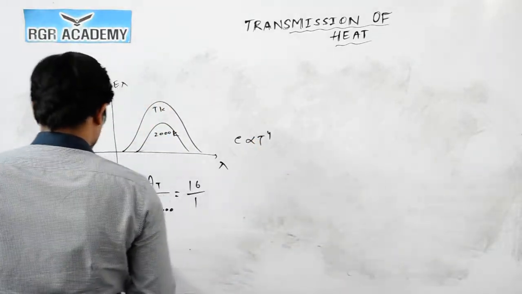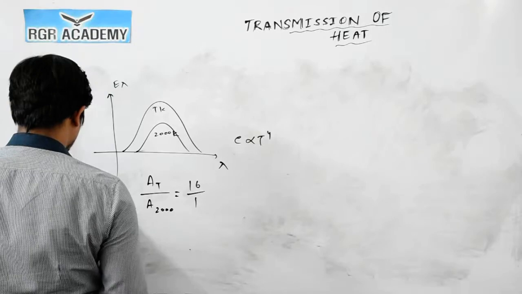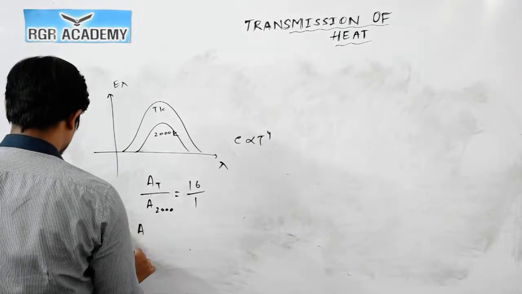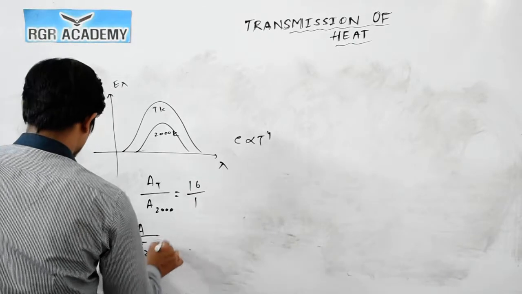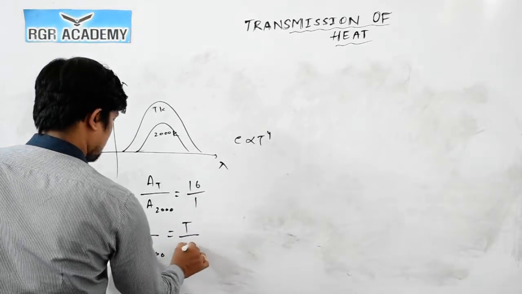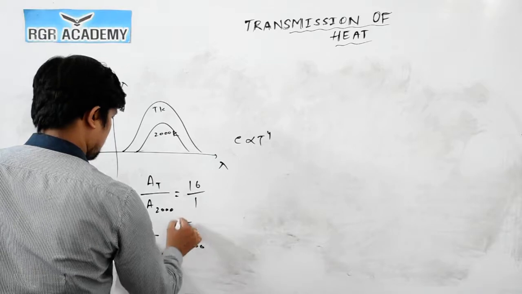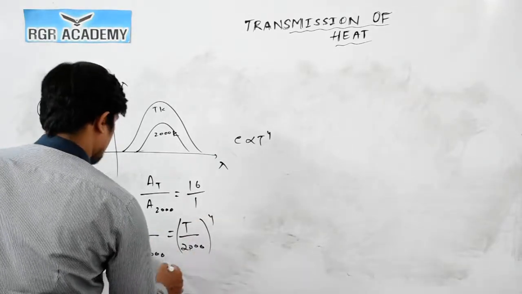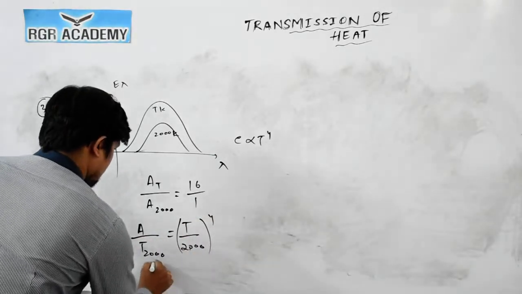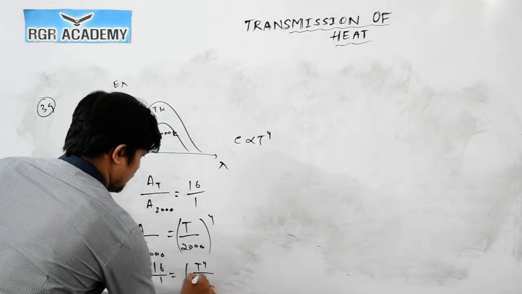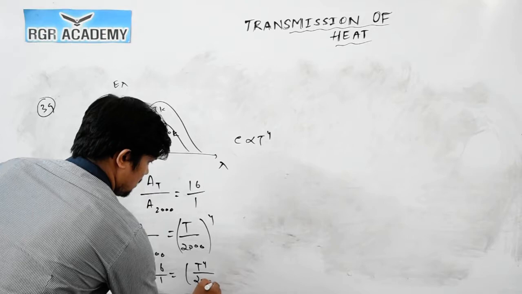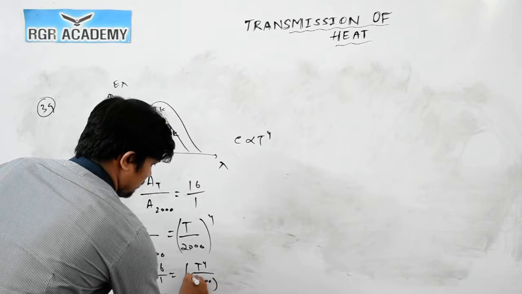So 16/1 equals T to the power 4 divided by 2000 to the power 4.